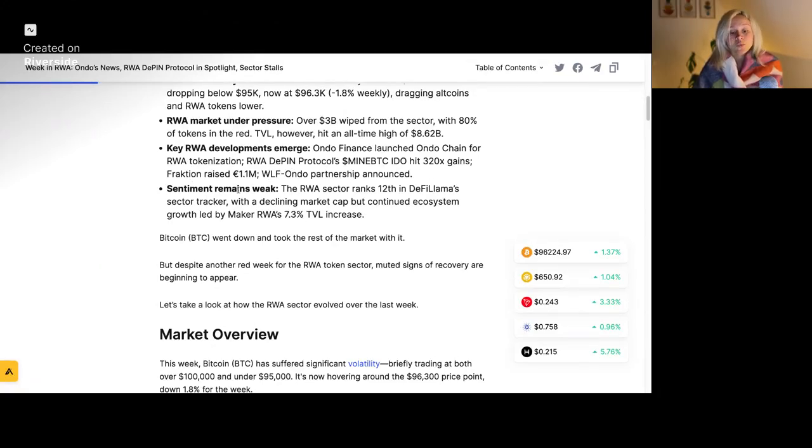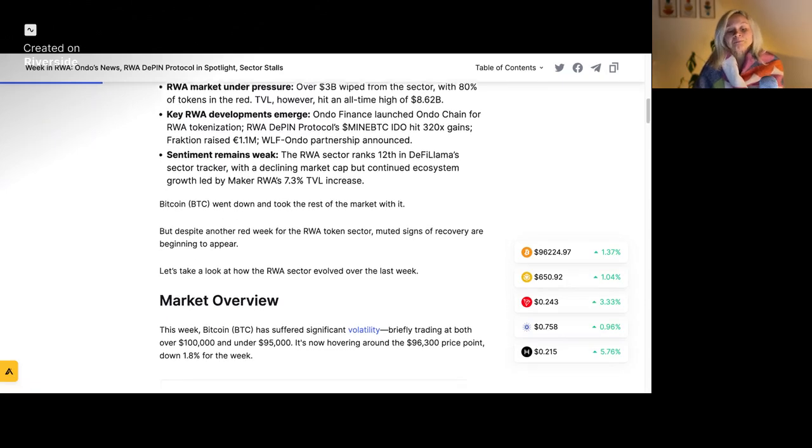Sentiment remained weak. The RWA sector ranked 12 in the DeFi Llama sector tracker, with a declining market cap but continued ecosystem growth led by Maker RWA's 7.3% TVL increase.